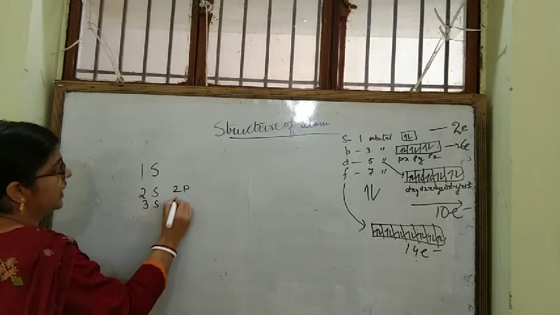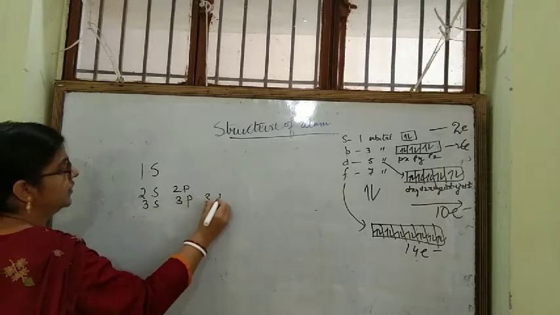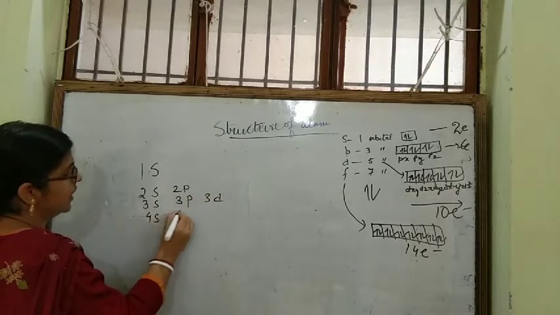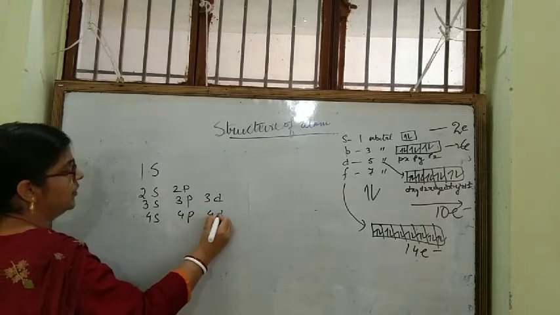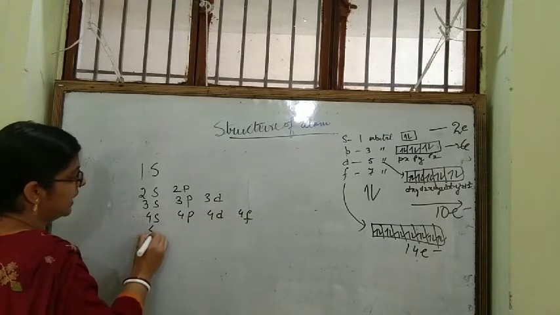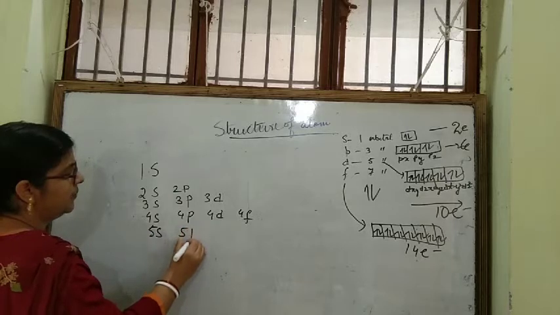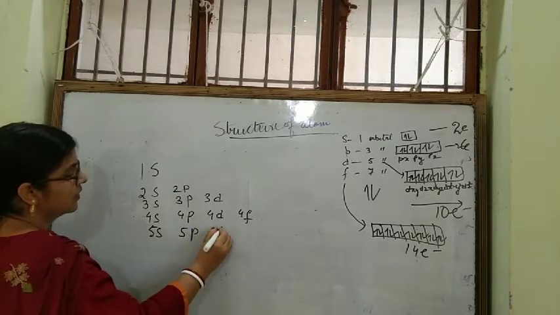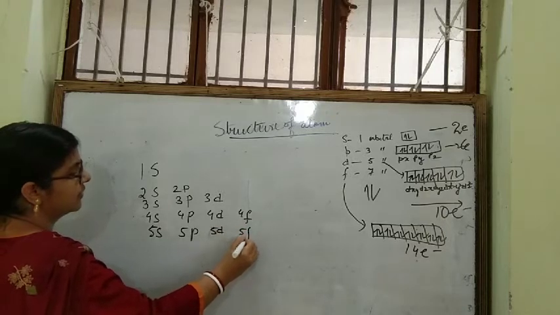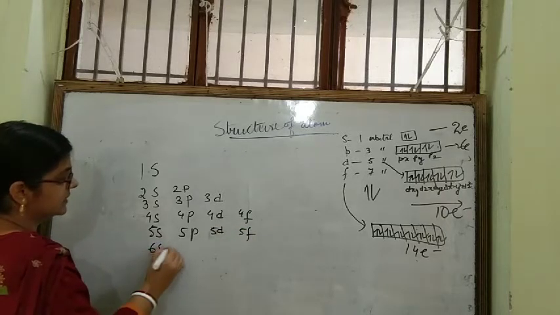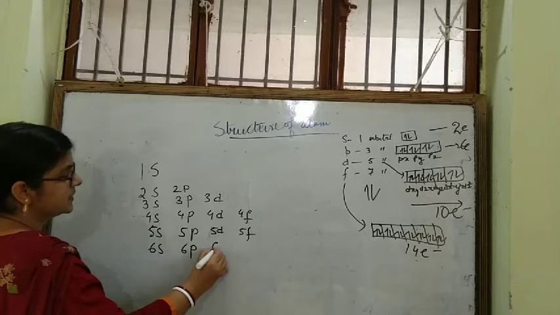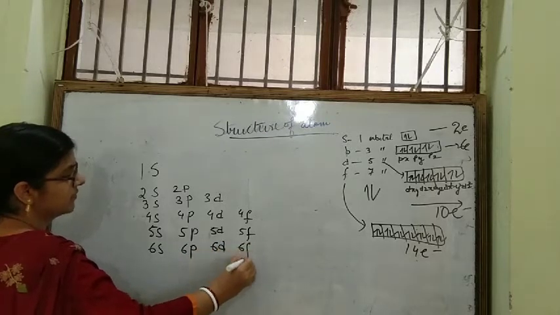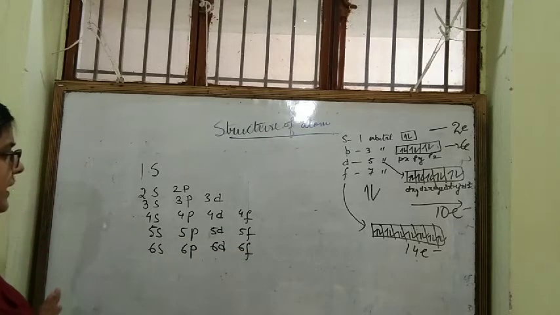Third shell, 3s, 3p, 3d. Fourth shell, 4s, 4p, 4d, 4f. Fifth shell, 5s, 5p, 5d, and 5f. Sixth shell, 6s, 6p, 6d, 6f. Let us check up till here.